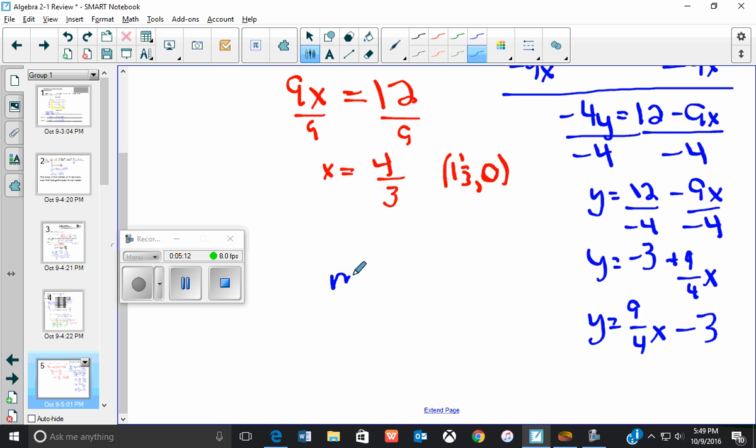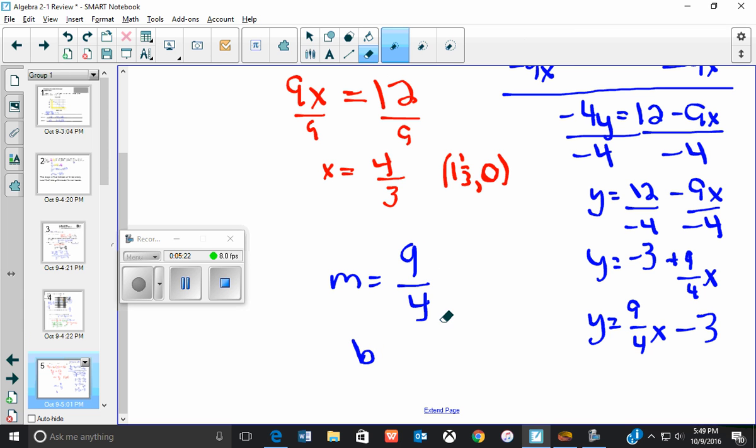The slope is 9/4, and the y-intercept, which is your b, is what? Your b equals -3. So it's going to intercept the y-axis at -3.